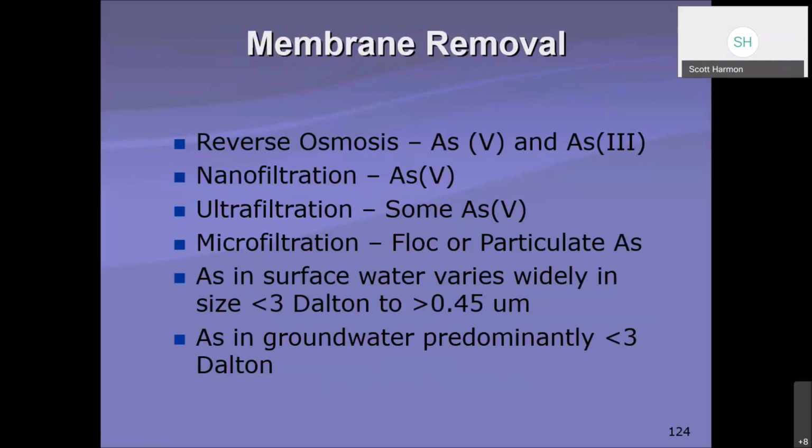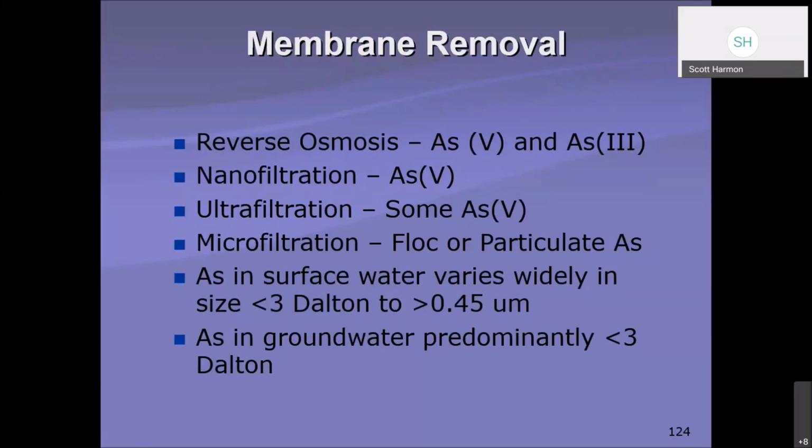So those, and the reverse osmosis has the smallest pore size of membrane filter. And as we go down the deck here, nanofiltration, ultrafiltration, microfiltration, the pore size gets higher as we go down the deck here.